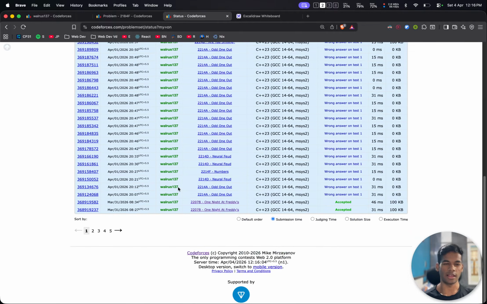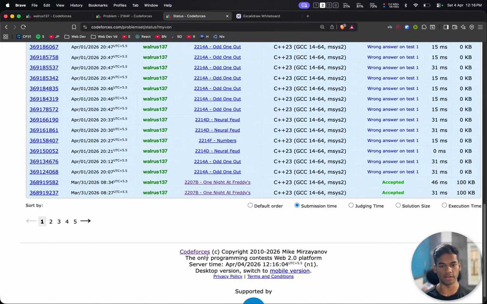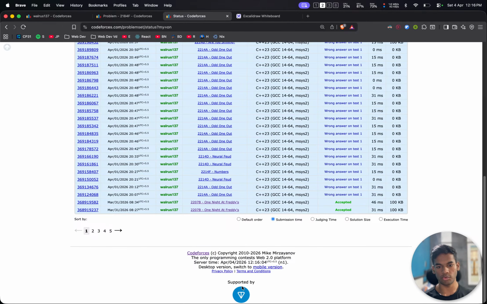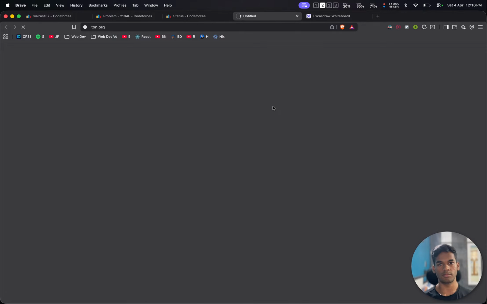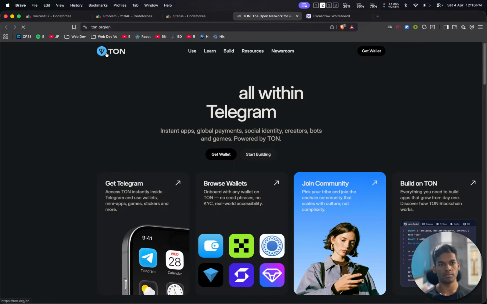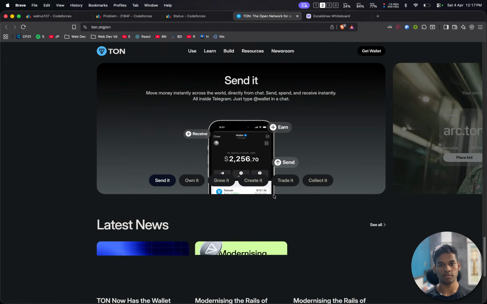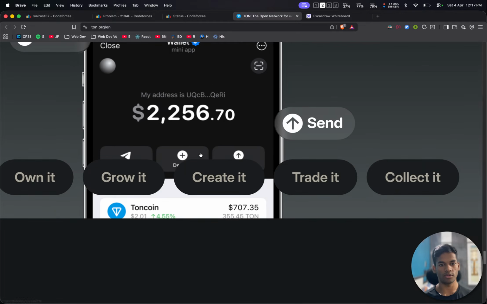But still, I think yeah, with better DevOps engineer, they should be able to manage. They are supported by someone. Shit, they have $2,000 in their account.